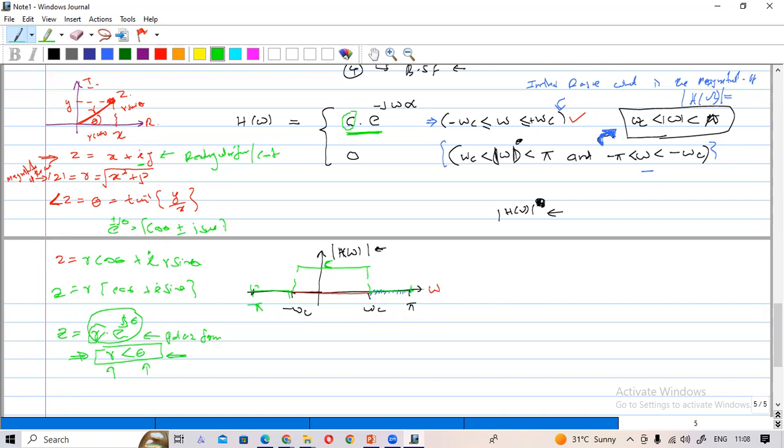After omega c, we can't say that up to infinity, this will be 0. So if you dissolve this, it is sine alpha cos alpha. Again, you can dissolve this into r cos theta or sine theta.